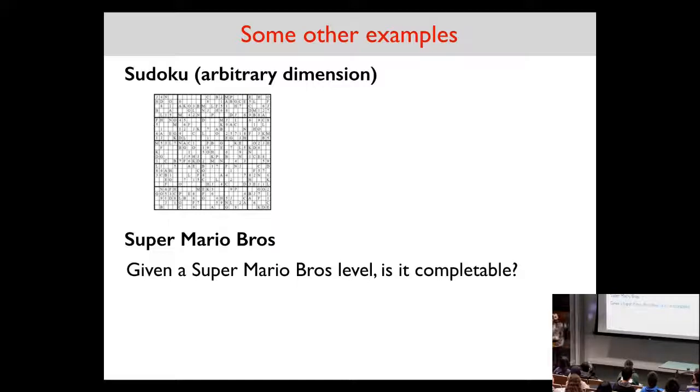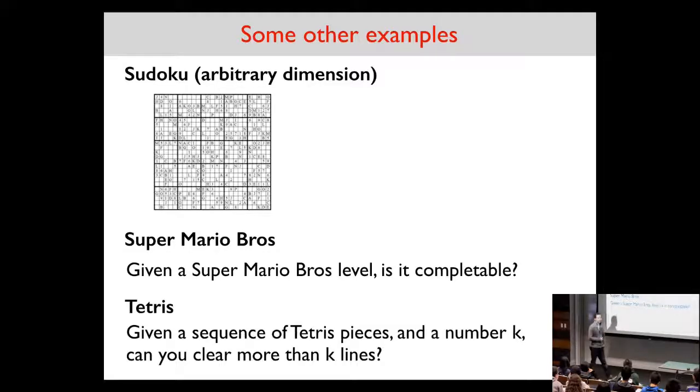It's true, someone actually showed that given a Super Mario Brothers level, if you ask whether it is completable, that's an NP-complete problem. Yeah, some people have too much free time, I guess. Tetris is NP-complete: given a sequence of Tetris pieces and a number k, can you clear more than k lines? I think this was proven in 2002 by Professor O'Donnell's roommate.